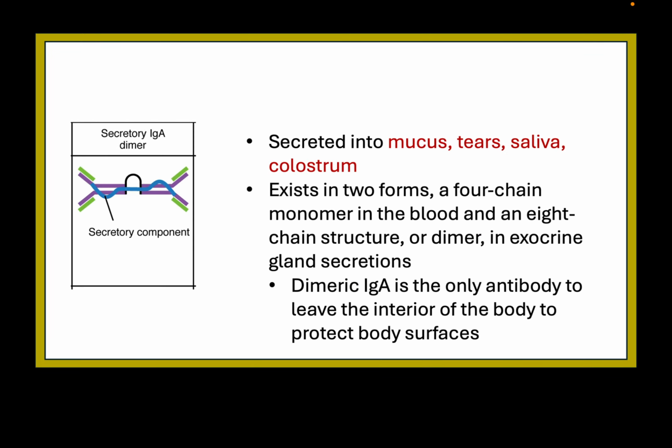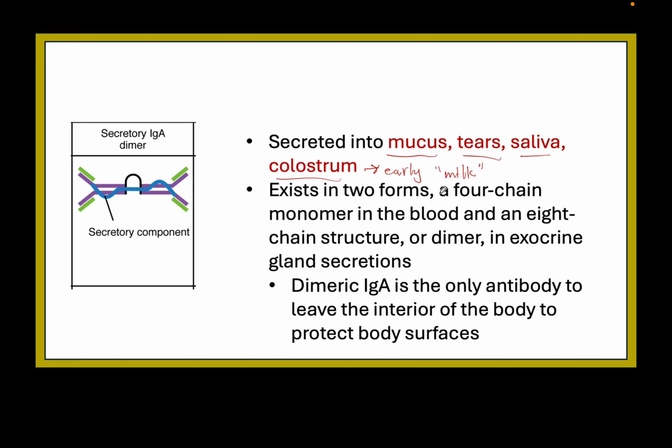The IgA antibody, this is one that is typically going to be found in mucus, tears, saliva, and the colostrum. This is your early milk secretions after you've had a baby.